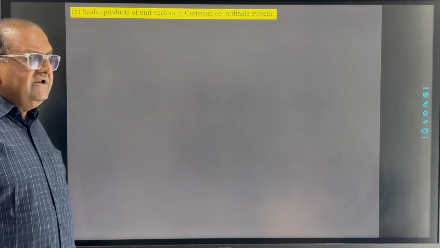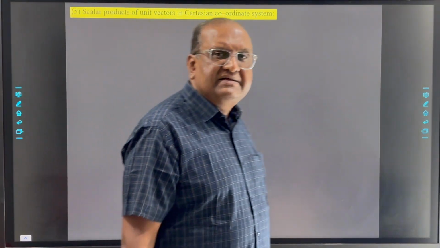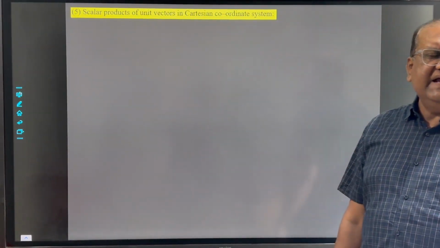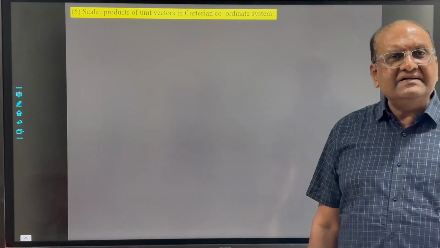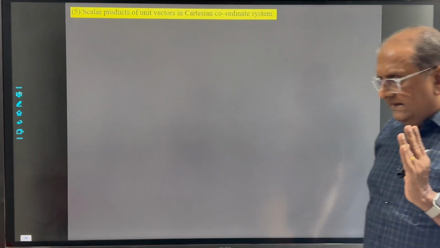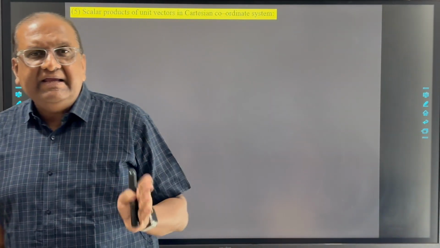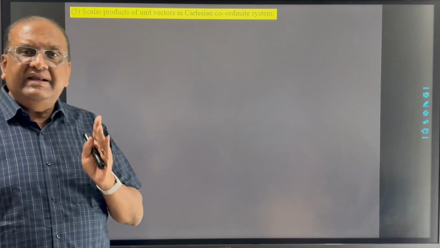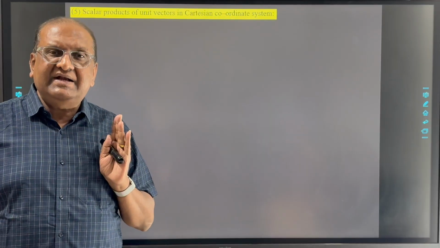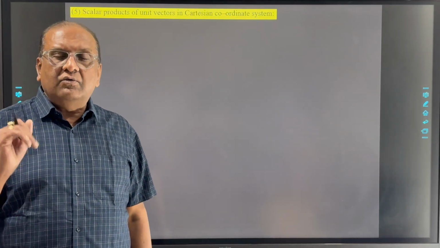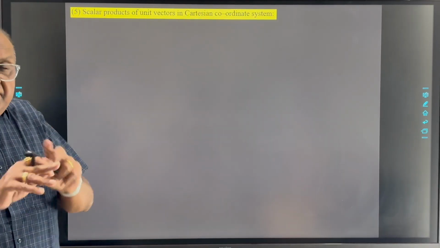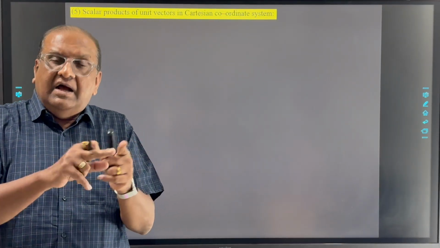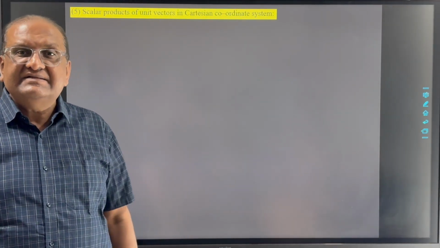Now, the scalar product of unit vectors in the Cartesian coordinate system. We know we have three axes x, y and z in the Cartesian coordinate system. And we have i caret, j caret and k caret unit vectors in the direction of x, y and z respectively. So between these unit vectors i caret, j caret and k caret, how is the scalar product carried out?